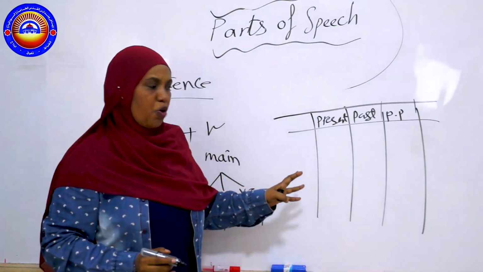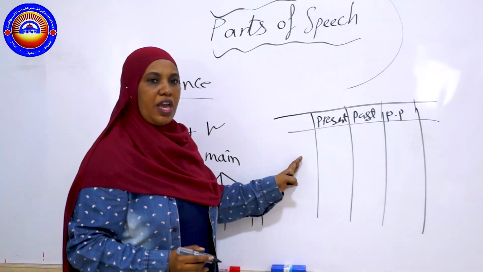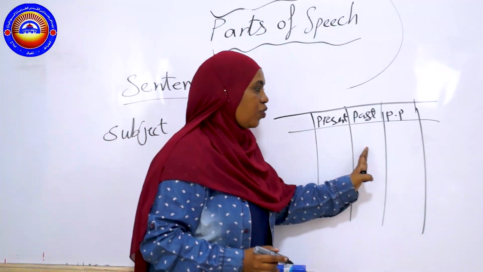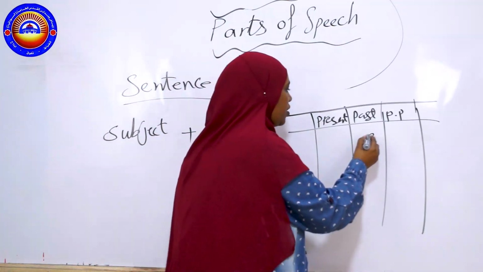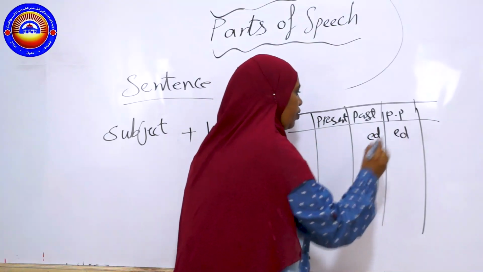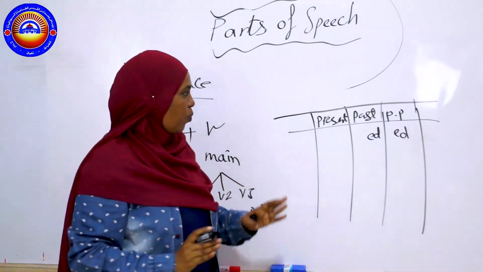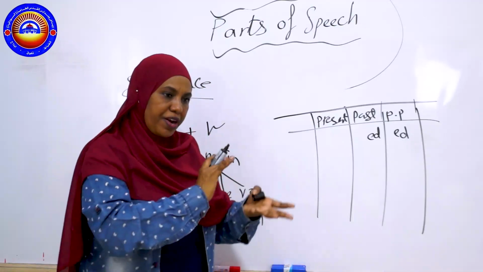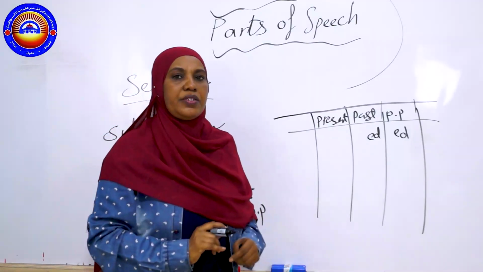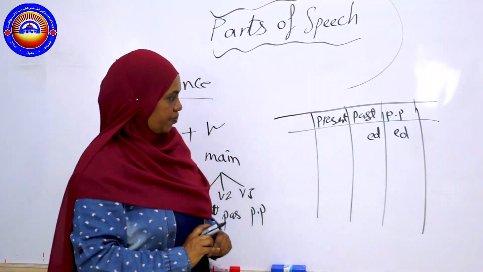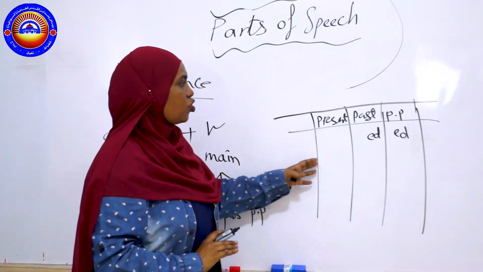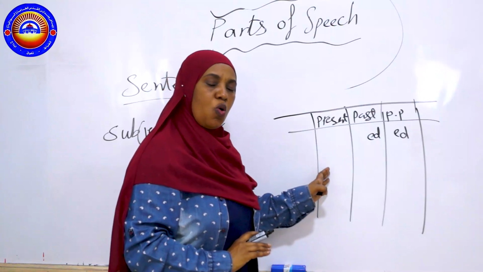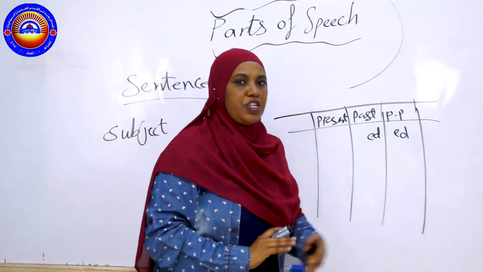So the important point here is to save these regular verbs, because as you know, the regular verbs always end with ed. The problem always comes with the irregular verbs because there is a change inside the word itself. The problem always comes because the students do not know how to classify these words.